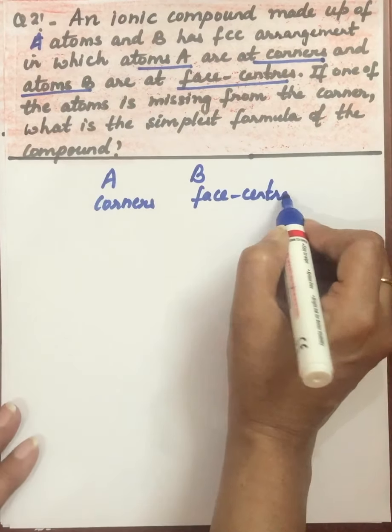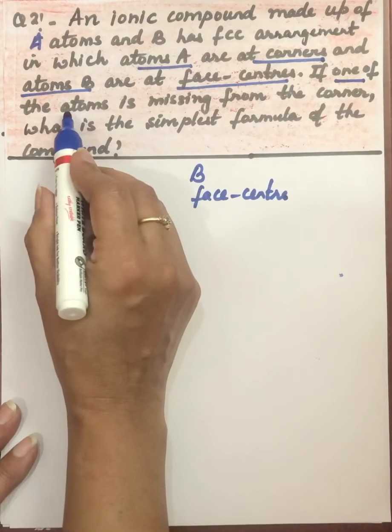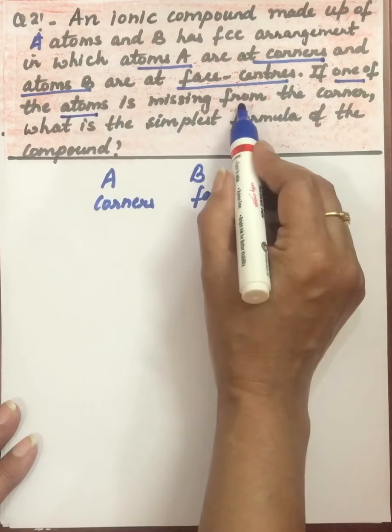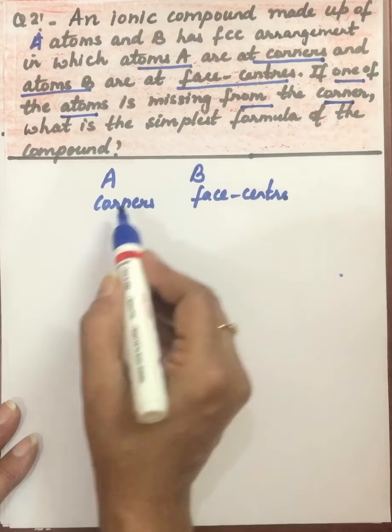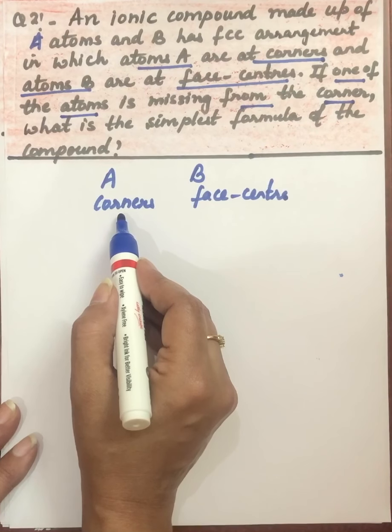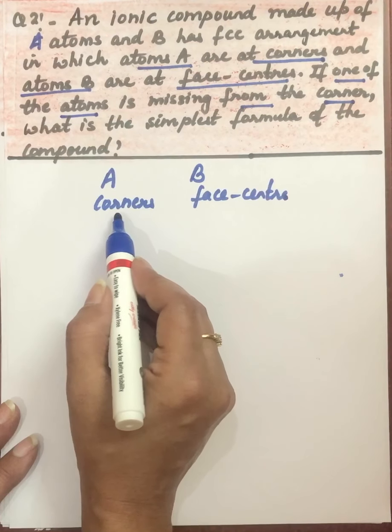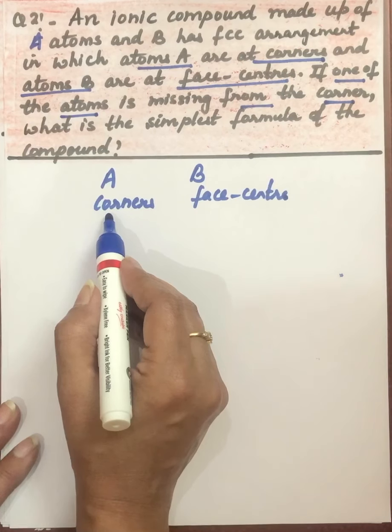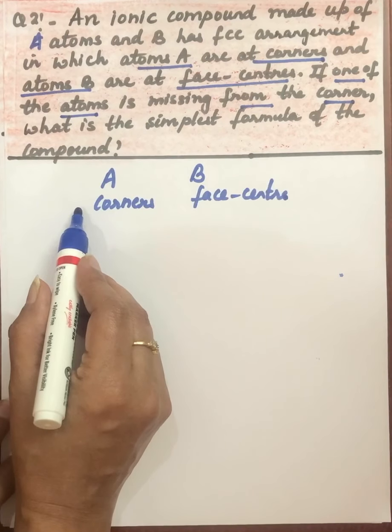But see now the next line. If one of the atoms is missing from the corner, there are 8 corners, so 8 particles are at corners but one is missing. That means we have A particles present only at 7 corners.